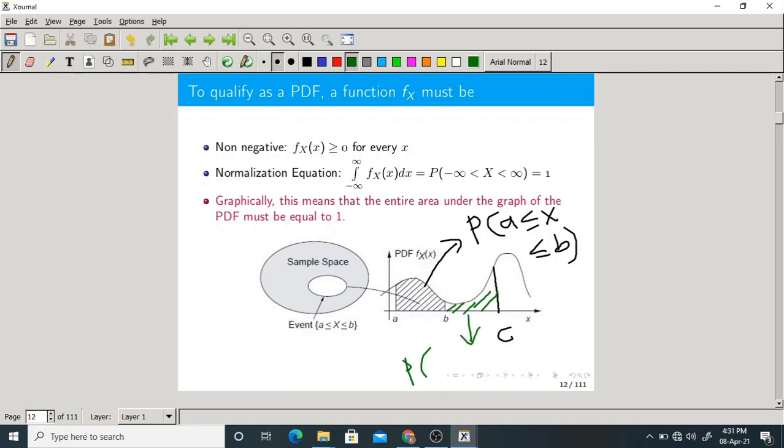Probability that B less than or equal to x less than or equal to C. If you find the entire area, obviously you are referring to the total probability, that is equal to 1.